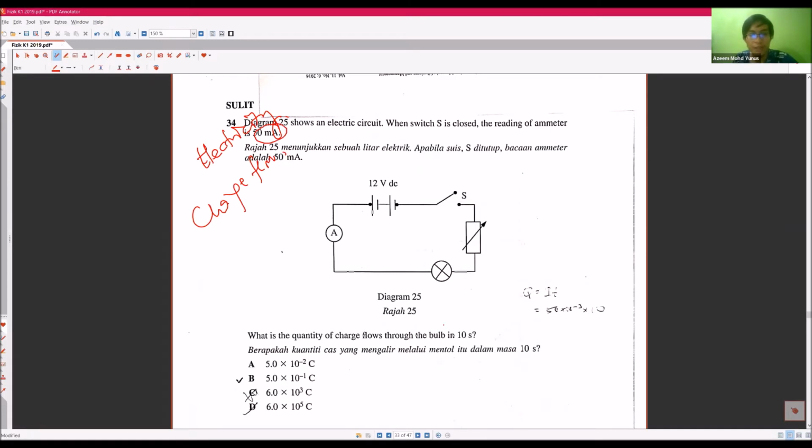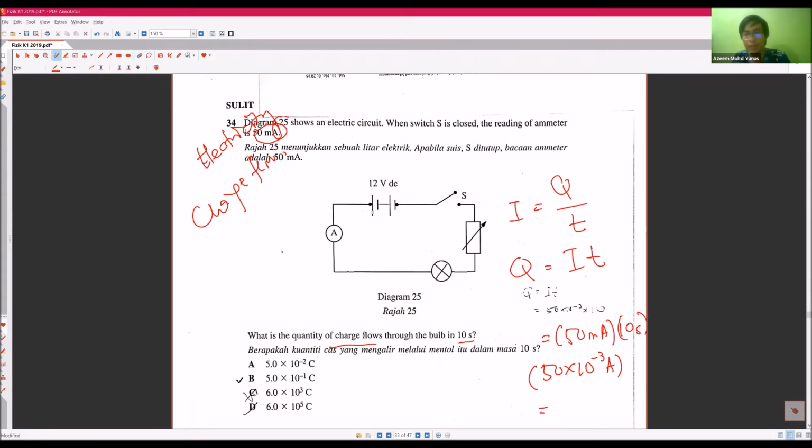What is the quantity of charge that flows through the bulb in 10 seconds? So the quantity of charge, Q equals I times t. I is 50 milliamp, or 50 times 10 to the negative 3 ampere. Time is 10 seconds.